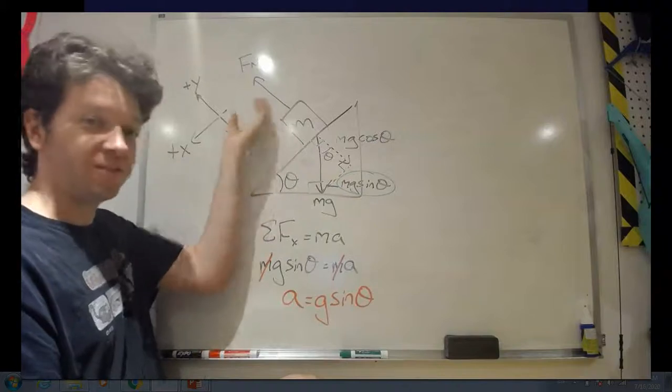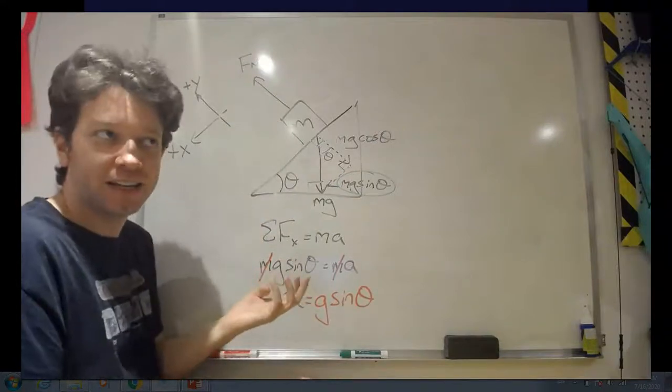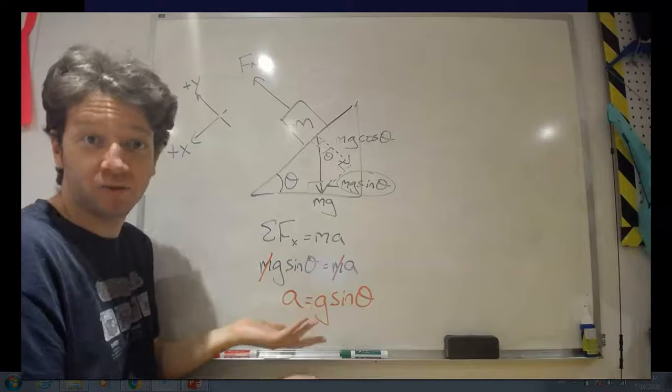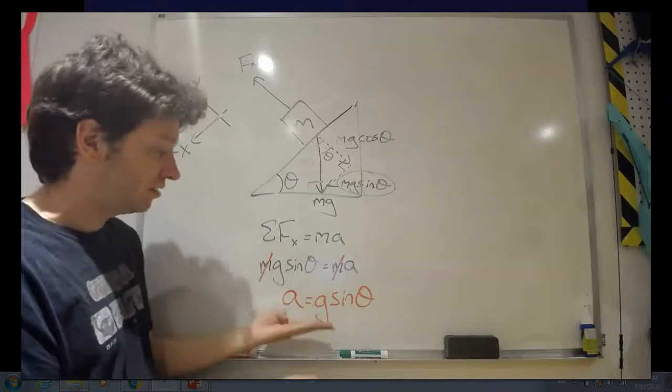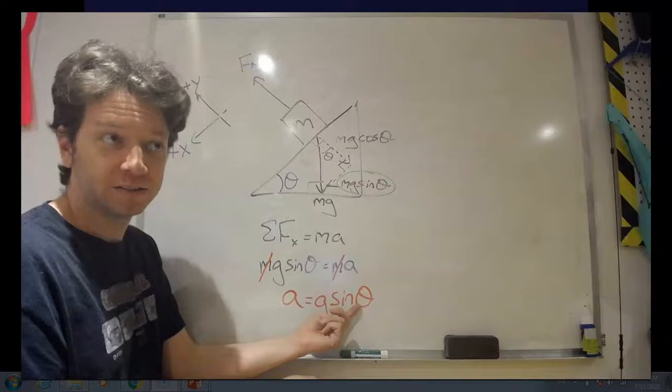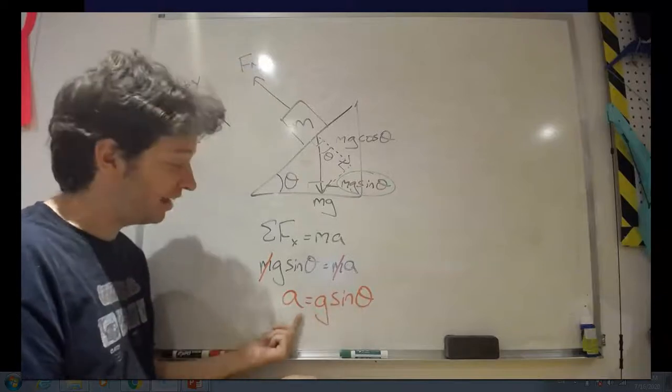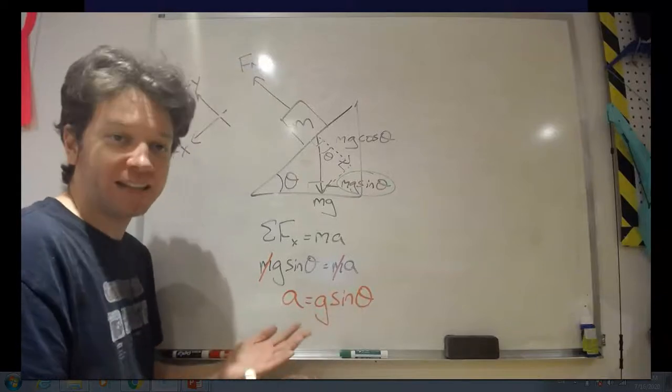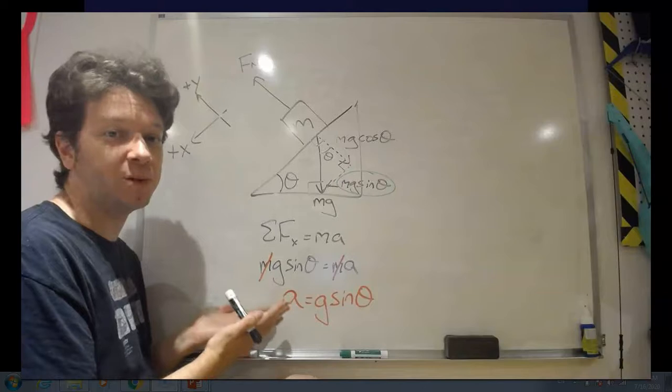What if we took this angle and made it 90 degrees? And so the block just falls. Well, it should fall at 9.81 meters per second squared, or g. Let's look at our equation. Sine of 90 is what? 1. And so a just equals g. So this makes great sense, and it tells you a lot about what's happening here.